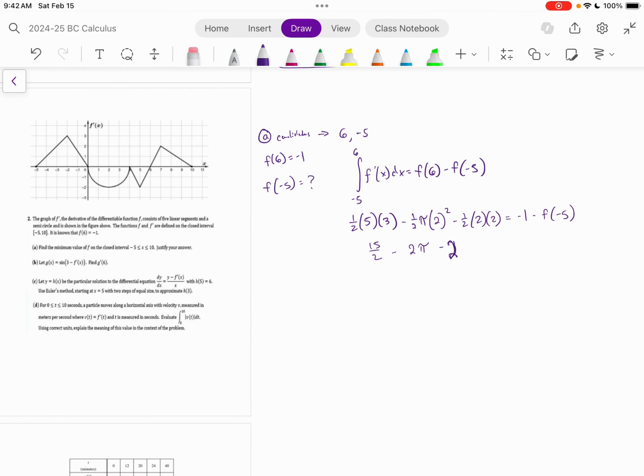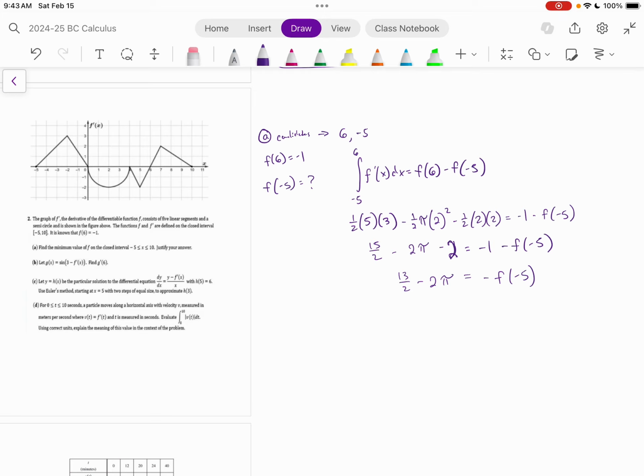Oh, wait. It is more negative, right? Equals negative 1 minus f of negative 5. Let's actually do this math. So what do I get here? Add that over. So I'm going to get 17 halves minus 4 halves. So 13 halves minus 2 pi, I think, is what I get here. Negative f of negative 5.